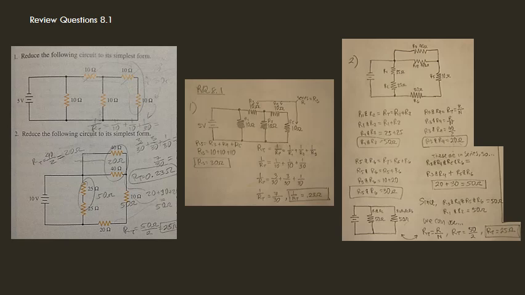Moving on to the next set of steps, we basically add the resistors R5 and R6, which equals ultimately 10 plus 20 or 30 ohms.